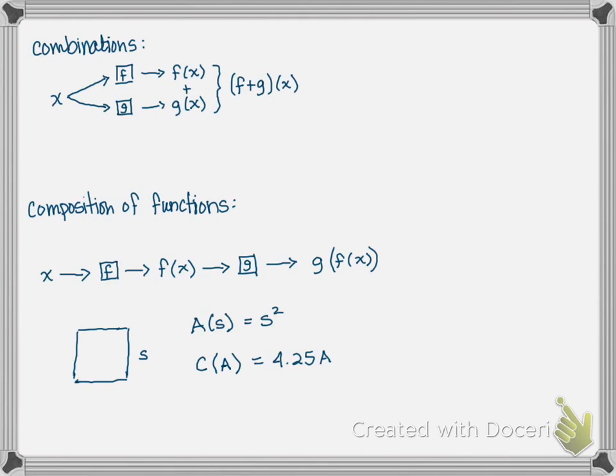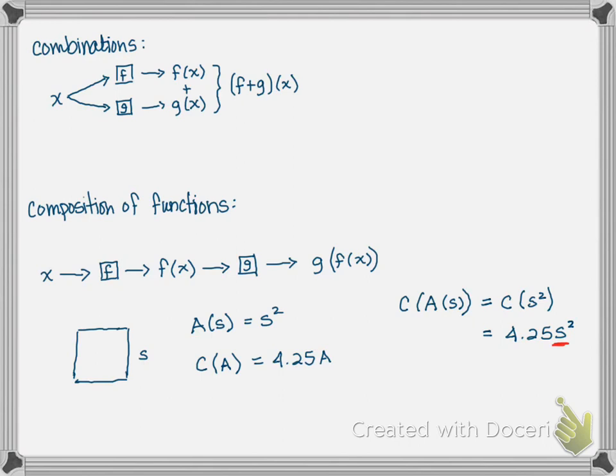So C of A of S is C of S squared, which is 4.25 times S squared. Right? We're just saying that S squared is the area of carpet I need to buy. And if I multiply that by the cost per square foot, that'll give me the total cost.